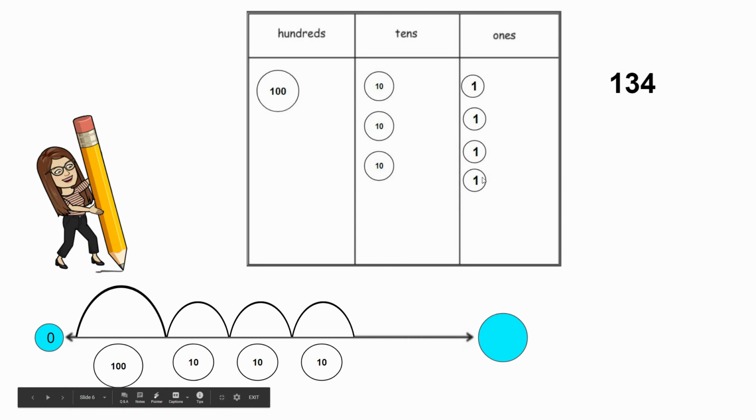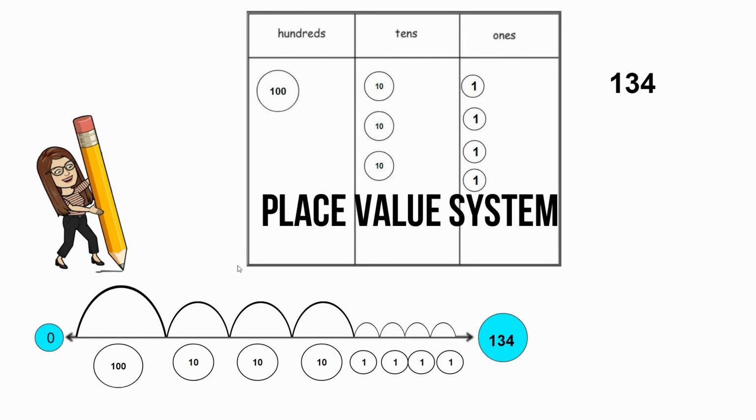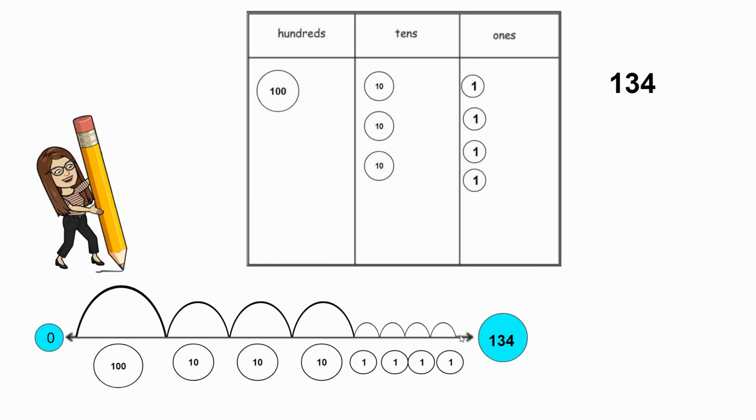And for our ones, those are our 4 ones. 1, 2, 3, 4. 4 mini hops. 100, 110, 120, 130, 131, 132, 133, 134. Label it. This is how we connect 134 to the place value system and an empty number line system.